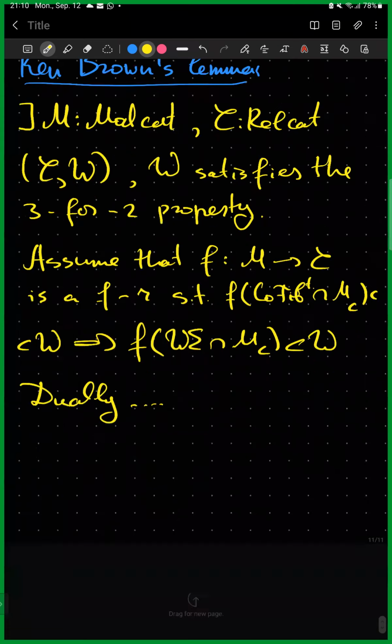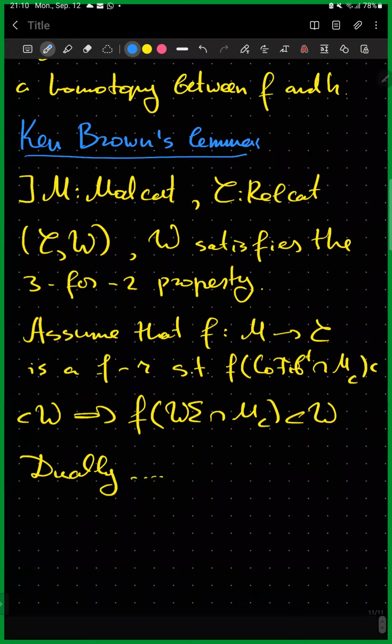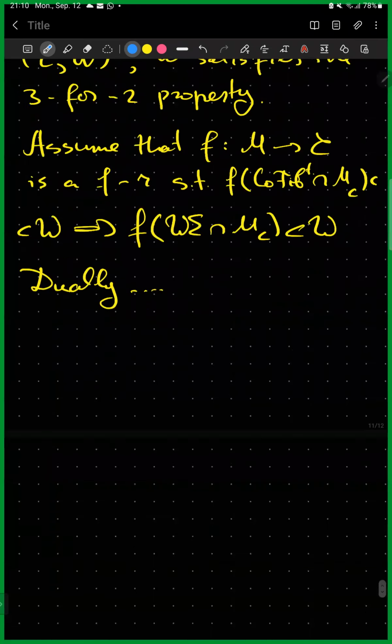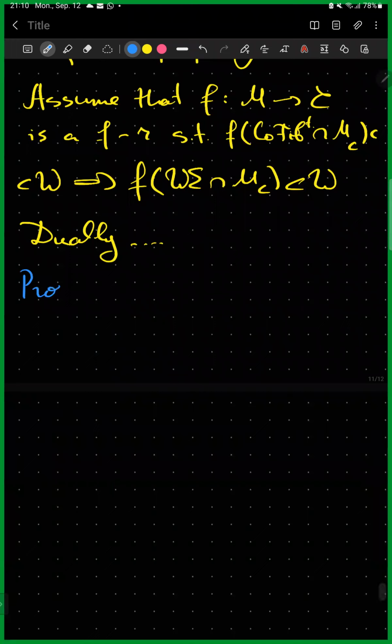So let's prove this statement. Assume that we have a morphism alpha from A to B, which is a weak equivalence between cofibrant objects.